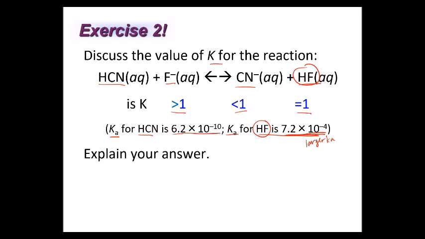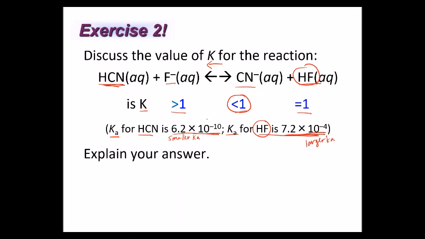The equilibrium position would shift this way, because hydrocyanic is a weaker acid due to that 10 to the minus 10 value. This is a much smaller Ka value, and therefore the equilibrium position pushes left towards the reactants, which means K is going to be less than 1.